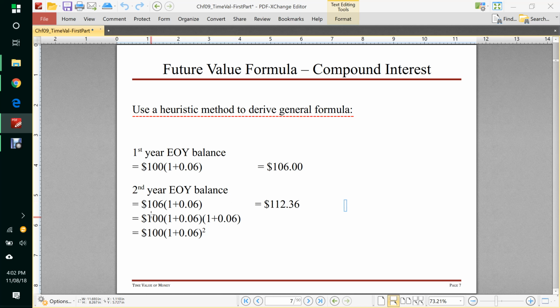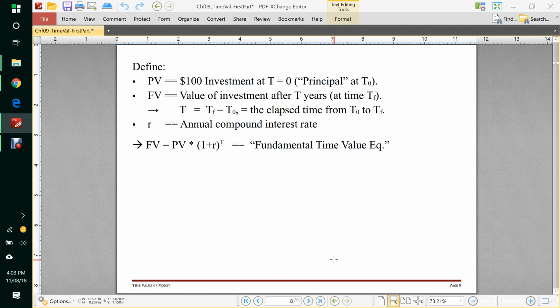And at the end of the second year, we have that 106 times 1 plus 6%. But what is 106? Well, we know it's equal to 100 times 1 plus 6%. So we can substitute that in and simplify that a little bit. And we know now at the end of the second year that we're going to have the initial amount we put in times 1 plus the interest rate raised to the power of the amount of time elapsed. So that's pretty cool.